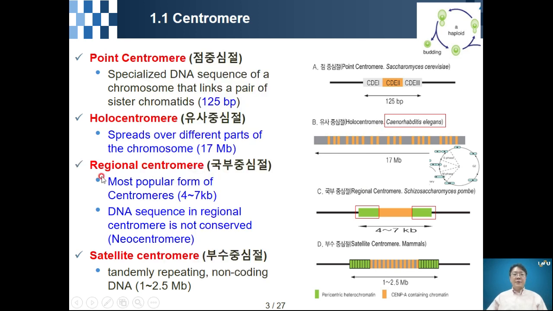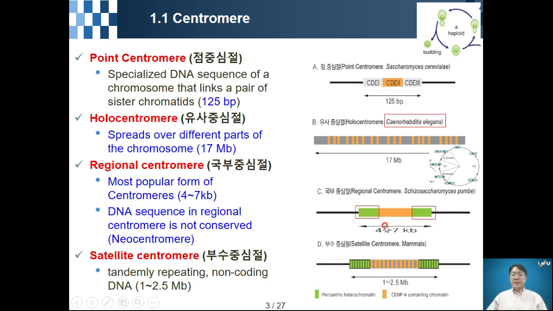How about the regional centromere? In Korean we call it 국부중심절. This is the most popular form of centromere. It is observed starting from the fission yeast, and in all mammalians. The size is about 4 to 7 kb.